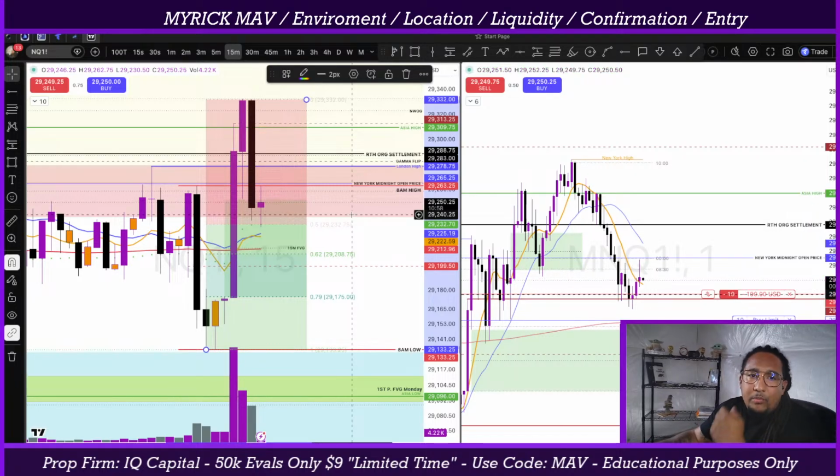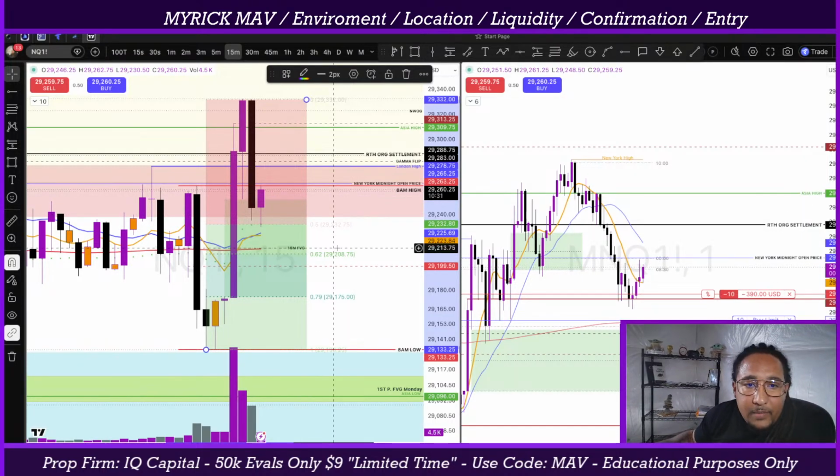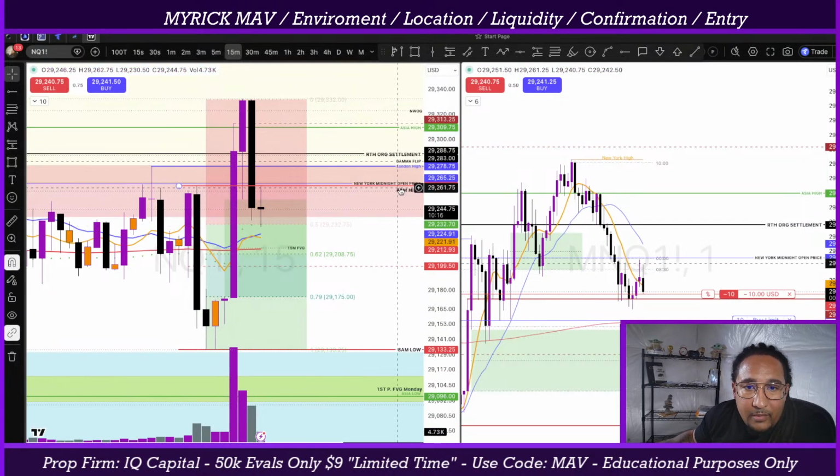So after this pullback, at 15-minute discount, we should be good. But right now we're just experiencing a little bit of drawdown. Pullback is healthy if we want to see a continuation to the downside. We're in that area. We're now below gamma flip. The gamma zero changed, and after the open it moved a little higher, so we're below.